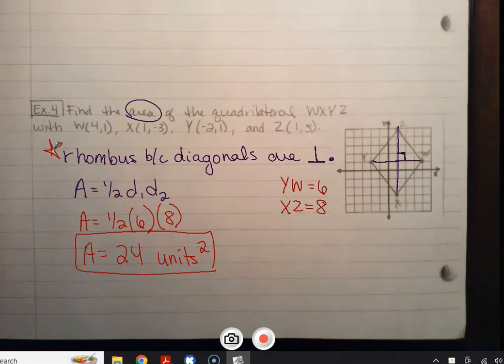But if you want to know if it's a square or some other shape, you can check some of the other rules. You might have to use the distance formula to find the lengths of your sides. You might have to use the slope formula to find the slopes to see if things are perpendicular, if the intersections didn't work out perfectly like ours did, because sometimes they won't.